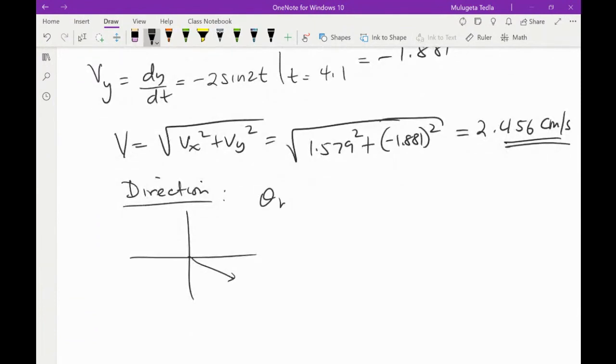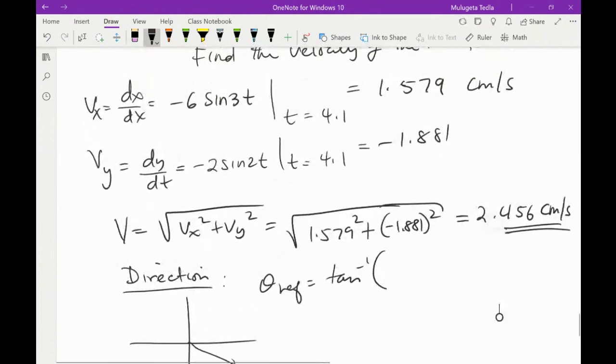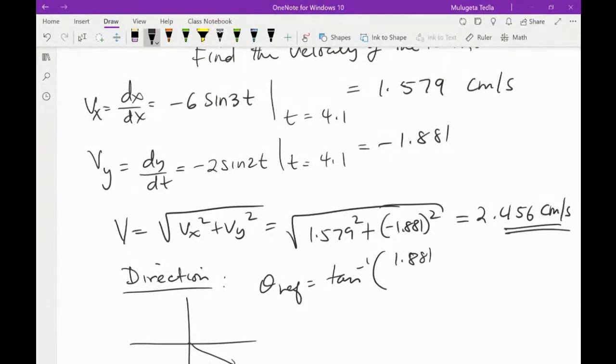So theta reference is tan inverse of the Y, which is 1.881, over the X, 1.579. So second function tan of 1.881 divided by 1.579, it is 0.872.